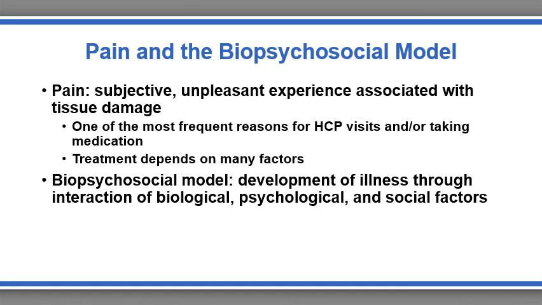For instance, in therapeutic modalities, we talk about chemicals that get released during an injury that cause pain. Those are biological things. People have specific genes and predisposing factors that could affect their pain threshold. Those are the biological things that we look at.